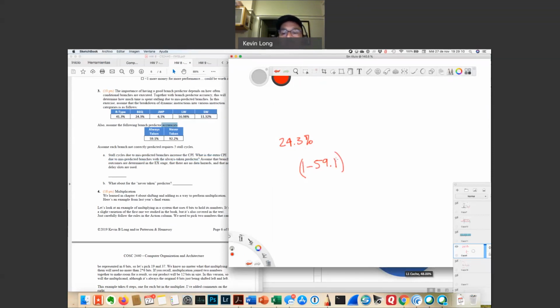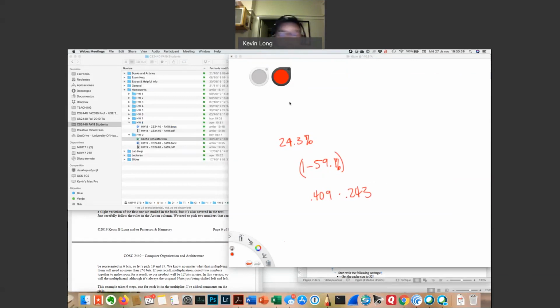So this will be a percent here, right? So you're going to end up with 40.9. So 40.9 times the percentage of time that you run into a branch instruction, which is 24.3.